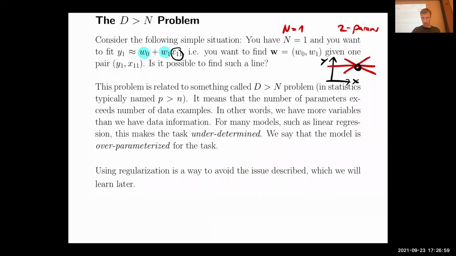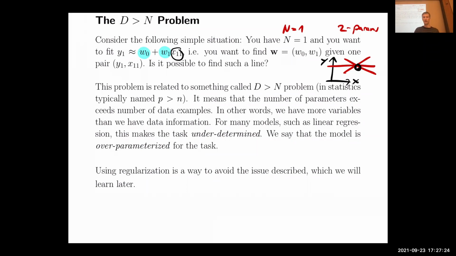But is that a problem? I would say it's not a problem, because we care about the cost. We don't care so much that there are infinitely many models which perfectly fit it. That's also what we often see in neural networks, that they are so expressive, so powerful, that they can fit any data perfectly with zero training error. But that's not solving the problem, and that's not necessarily a good thing.